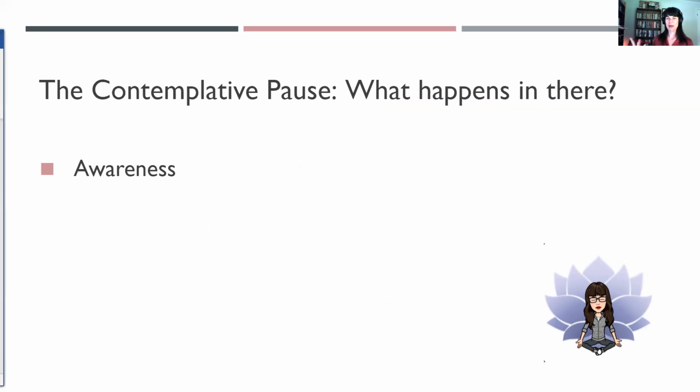I might bring awareness by noticing what's happening with my body. I notice that my ears are getting hot, maybe my palms are sweating, perhaps there's some tightness in my chest. I might check in with some feelings. I read this email and my pride is wounded and I get defensive.